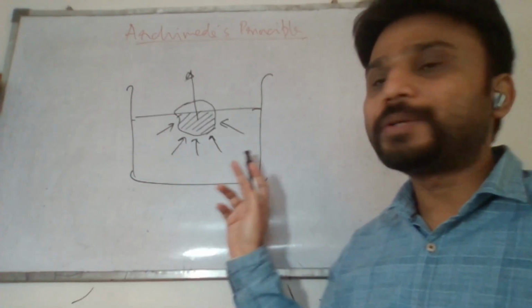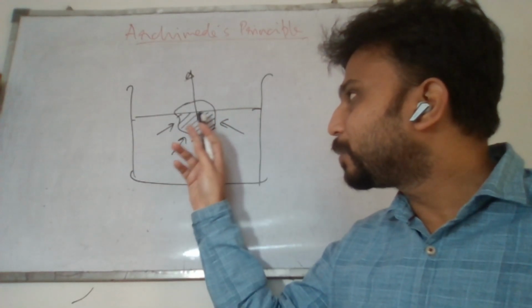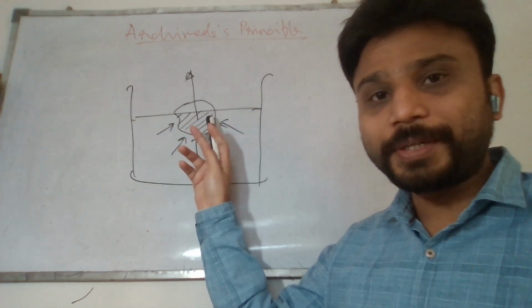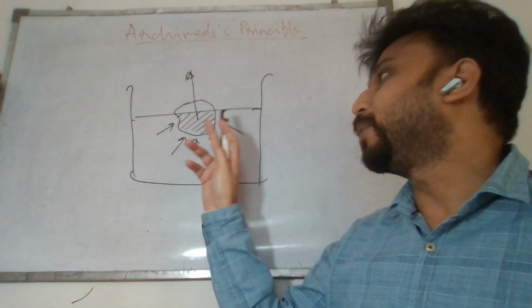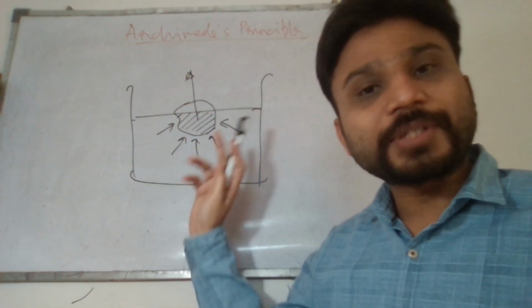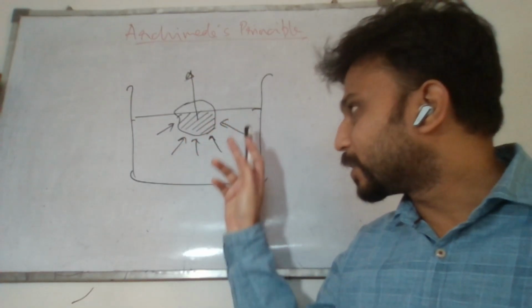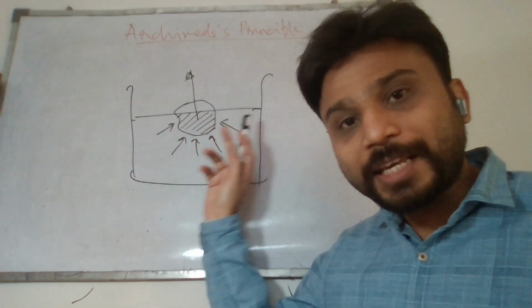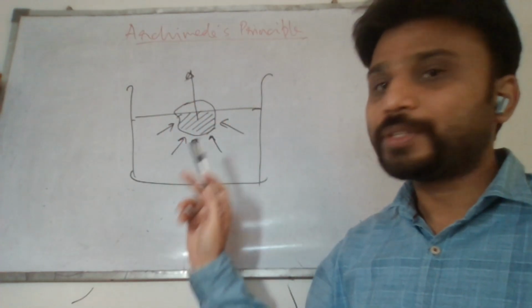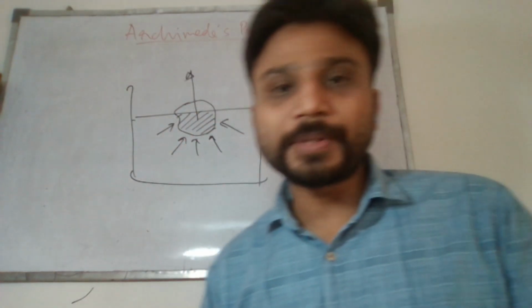The surrounding liquid only cares that it has to balance the weight of the liquid which is in this region. Now, if there is an object in this place, or if that liquid only was at that place, the surrounding liquid will exert the same force on this object in the upward direction. So that is what Archimedes' principle is.